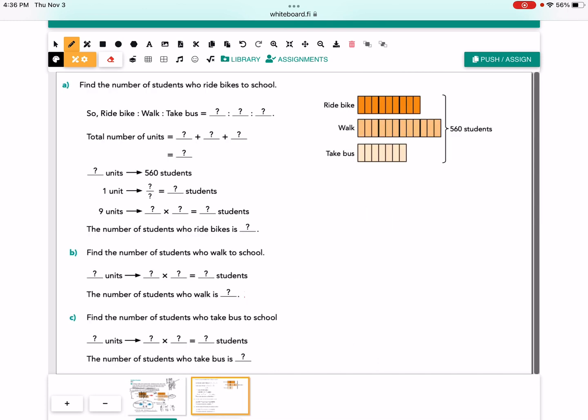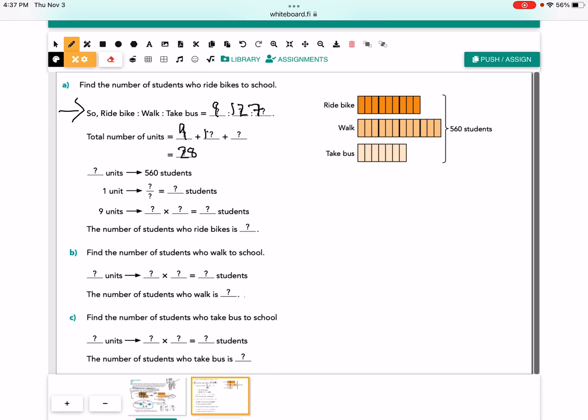So let's pick up where the last page left off. I didn't have enough room to put everything at once. So ride bikes to walk to take the bus was 9 to 12 to 7. And we have a total number of units then. If we add 9 plus 12, we get 21, plus 7, that's 28 units altogether.